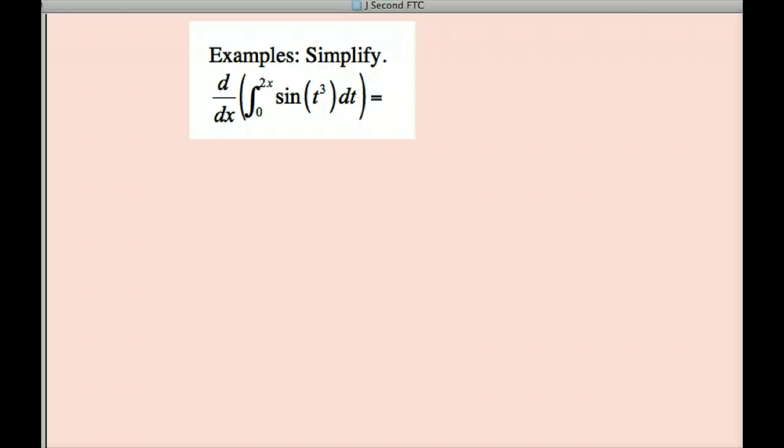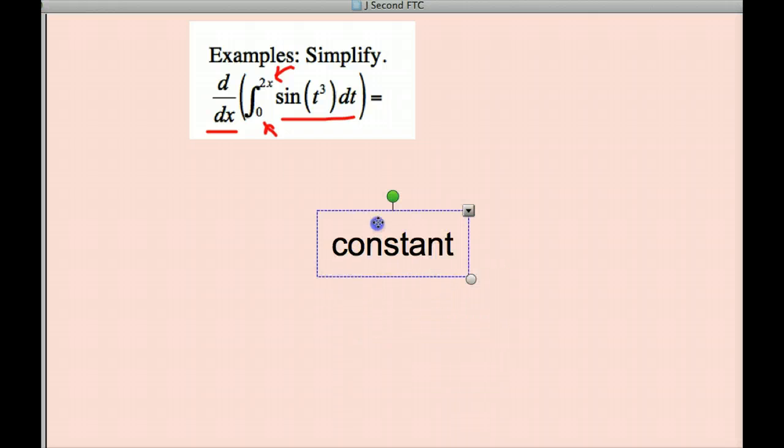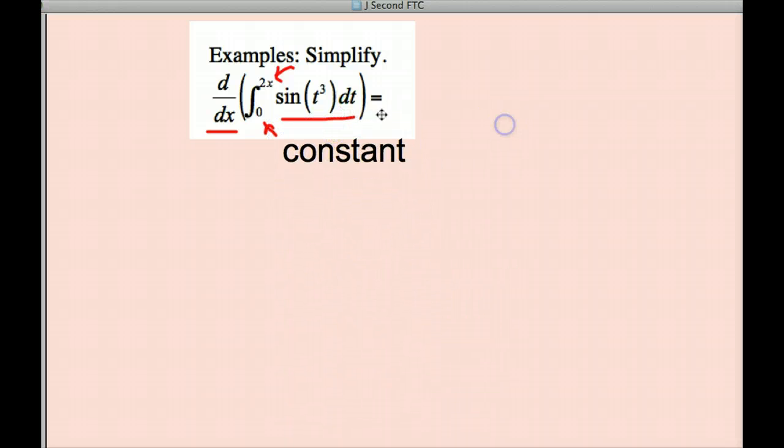So I play the matching game, and I see that I have a d dx, I have a function inside, I have a constant in the bottom, it's exactly what I want, and then I do have a variable at the top, right? But the question is, does my variable match exactly what the theorem says?